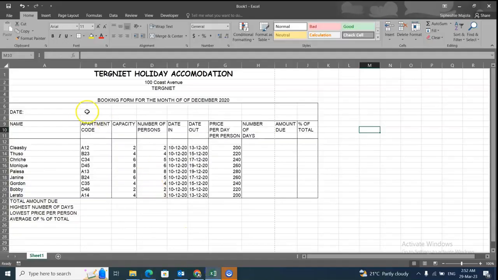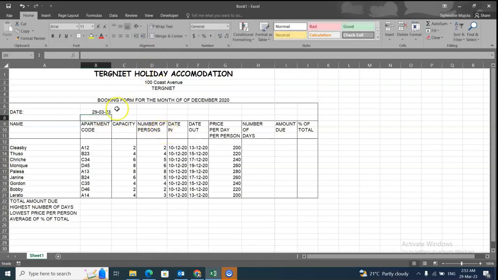So I'm going to insert a formula. The formula to insert today's date is equal sign today, open bracket, close bracket. So your brackets are empty. It's equal sign today, open bracket, close bracket, and then you press enter.